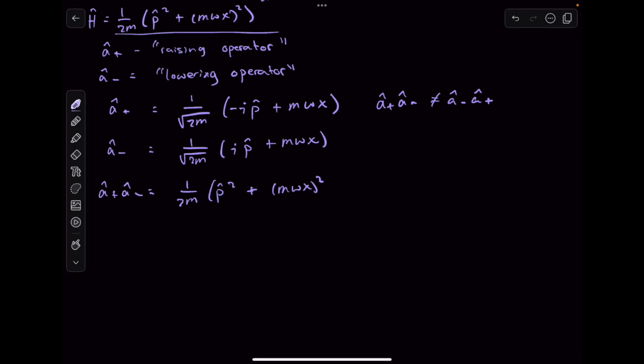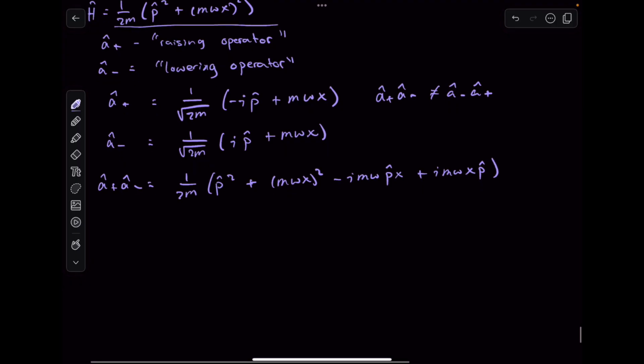Okay, so then we get these cross terms: we have i times mass times omega with momentum coming before the position, and then the position before the momentum here. And again, we have commutators here, so it looks like these terms should cancel each other, but they don't because the momentum times x is not equal to x times the momentum.